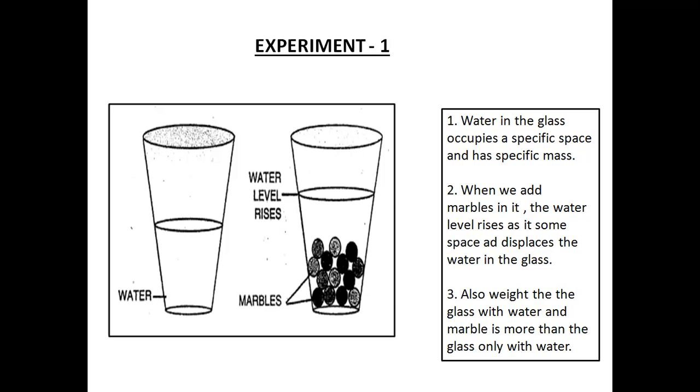In the third point, I have written, if we weigh these two glasses, that is glass with water without marble, and glass with water with marble, we will find that the glass with water and marble will be heavier than the glass with water without marble, which proves that matter has mass.